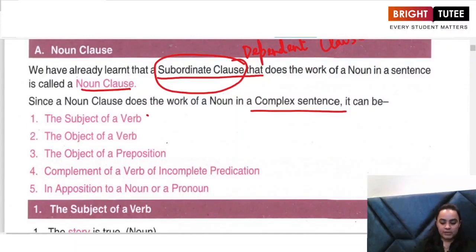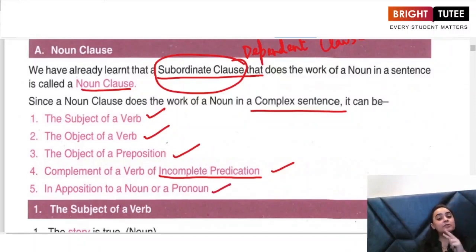The subject of a verb, the object of a verb, the object of a preposition, complement of a verb of incomplete predication, and in opposition to a noun or a pronoun. These are the 5 different ways in which you can find a noun clause in a complex sentence.